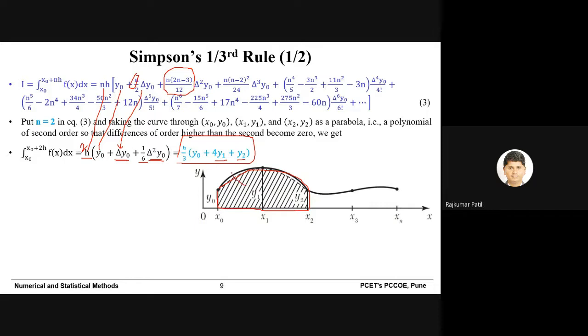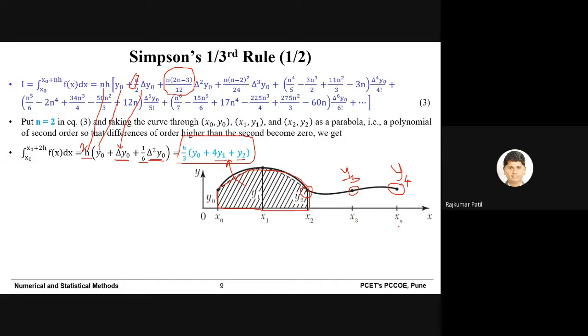So this area corresponds to the highlighted part. So we calculated the area, but again we need to go to the next 3 points. So the next 3 points will be y2 corresponding to x2, y3 corresponding to x3 and y4 corresponding to x4.